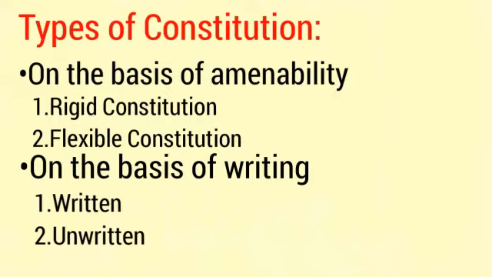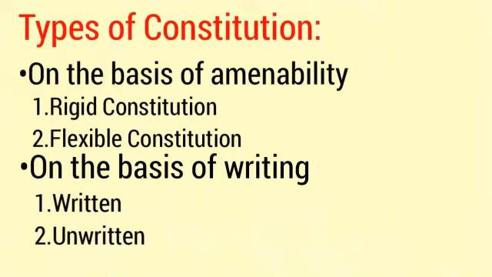A rigid constitution cannot be adjusted according to the changing needs of society, but a flexible constitution can be adjusted as per the changing needs of the people and society. That's the main difference between them. Examples of rigid constitutions are USA, Australia, Switzerland, etc. Examples of flexible constitutions are Britain, Israel, etc.